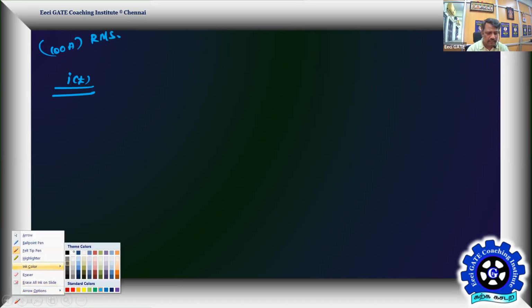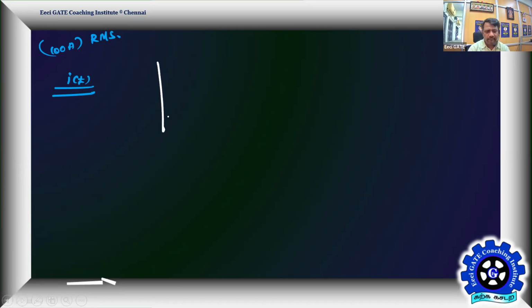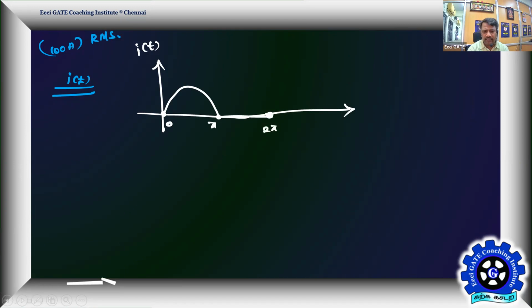So let us plot the half wave rectified signal current profile. This is the current profile I of t. It is going to look something like this: a positive half cycle from 0 to pi, then no rectification from pi to 2 pi. Again the half cycle gets repeated from 2 pi to 3 pi.